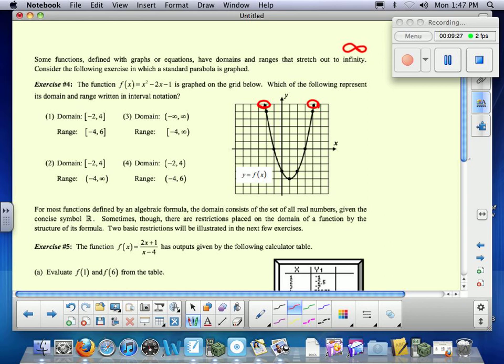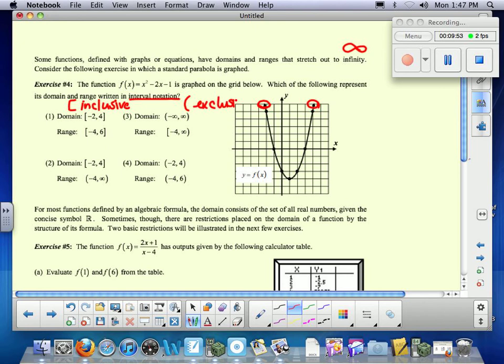Okay, good. So here's our function, it's a parabola. Which of the following represents the domain and range in interval notation? Now remember, for interval notation, if we have the square bracket, then it is inclusive. And if we have the parentheses, then it is exclusive.